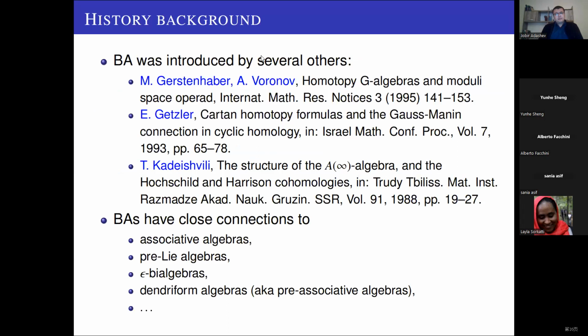Here is some historical background. Brace algebra was introduced by several authors around the 90s in the last century.